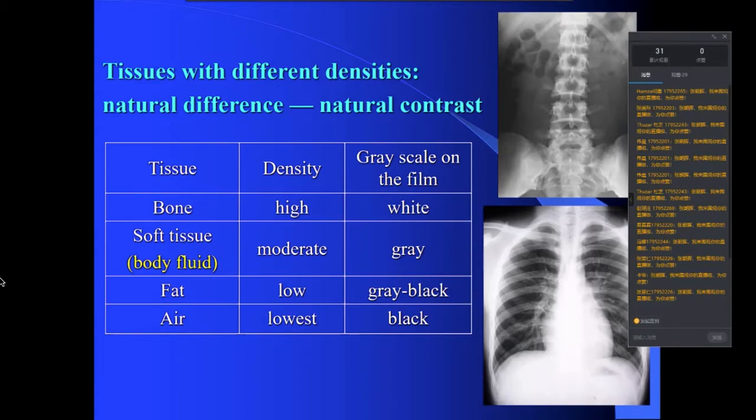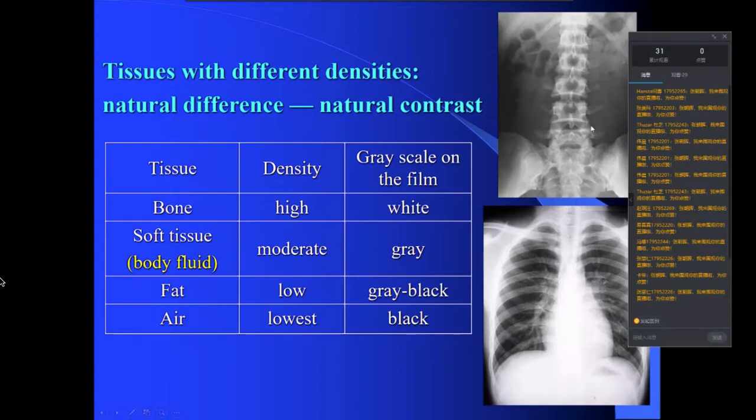Moreover, these tissues are not well differentiated from the surrounding tissues because they permit approximately as many X-rays to pass through as the surrounding tissues. The organs filled with air, such as lung, appear black on the film.